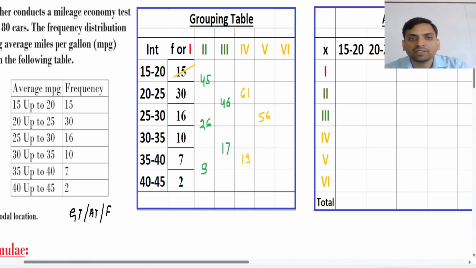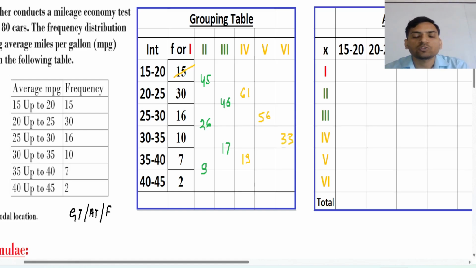And for next one we will leave these first 2 elements and grouping of these 3, this 16, 10 and 7. So summation of 16, 10 and 7 is 33. So we will write in mid in front of this 10, so this is 33.